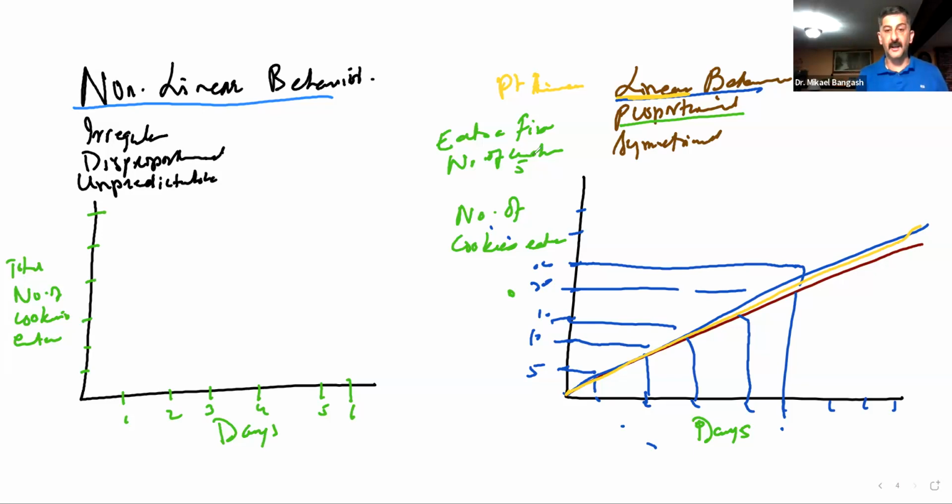For the first day, this person may not get any cookies. He or she was in a timeout. Then the second day, he enters a bakery and goes bananas. He then has a stomach ache.